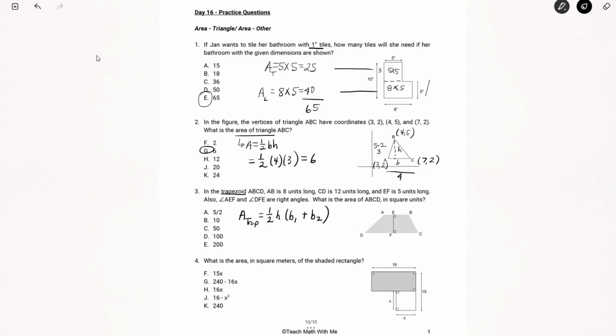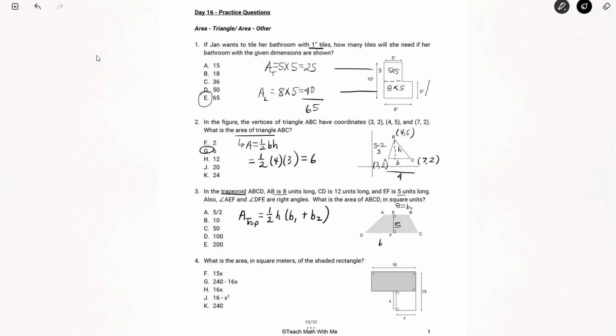What are those values? Well, my height is going to be given here EF, and we're told right here that EF is 5 units long, so I can label that. B1 can be AB or DC, it doesn't matter, but we'll have AB equal to 8 units. That was given to us here in the question. We'll say that's B1.